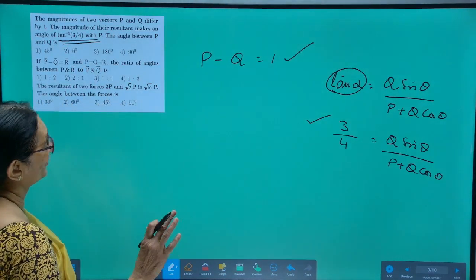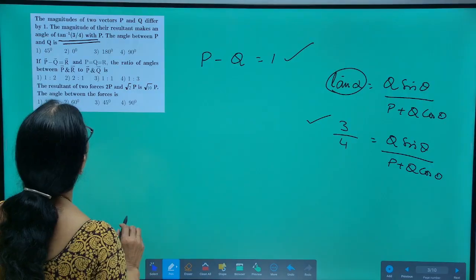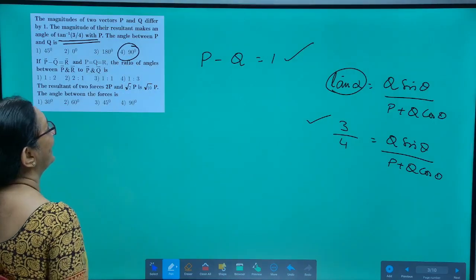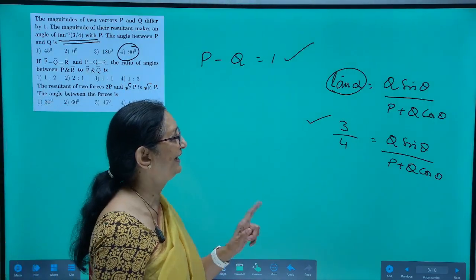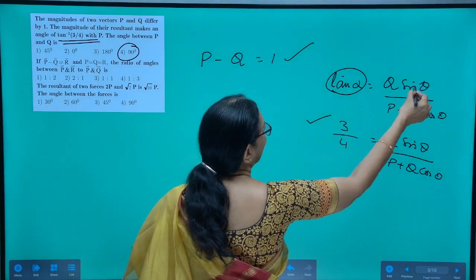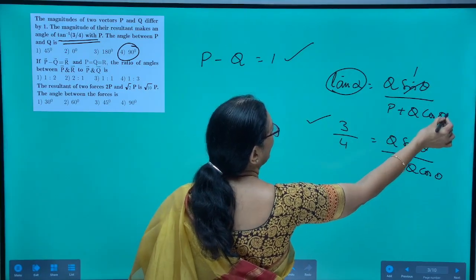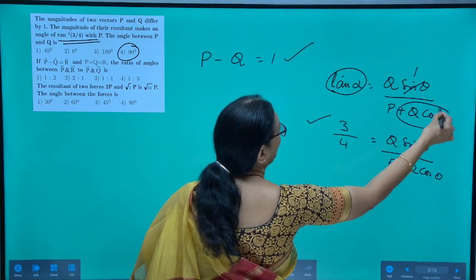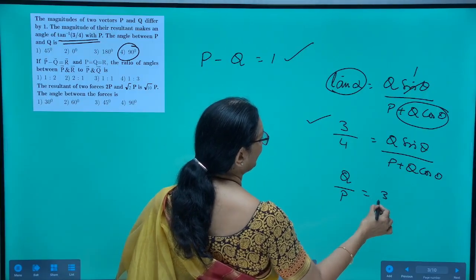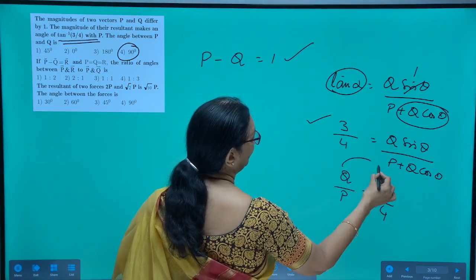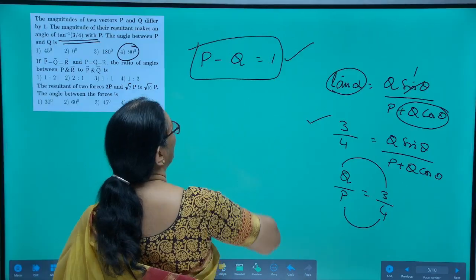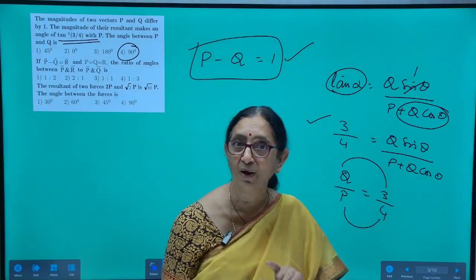With your common sense you can say this: if theta is 90 degrees, what happens? Sin theta becomes equal to 1 as cos 90 is equal to 0. So, simply Q by P is equal to 3 by 4. If Q is 3, P is 4, then P minus Q is also equal to 1.